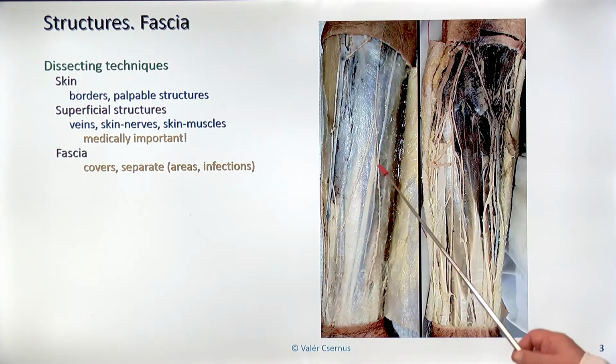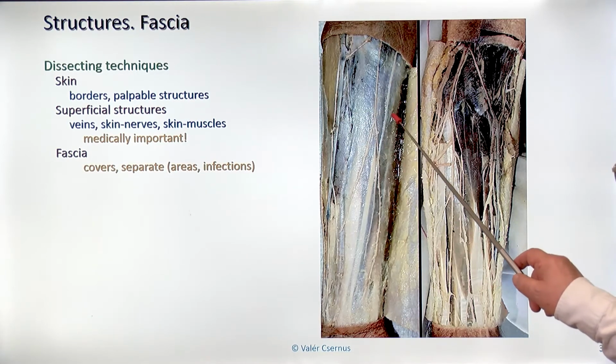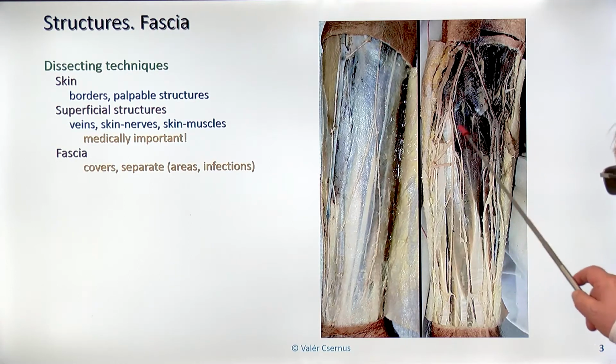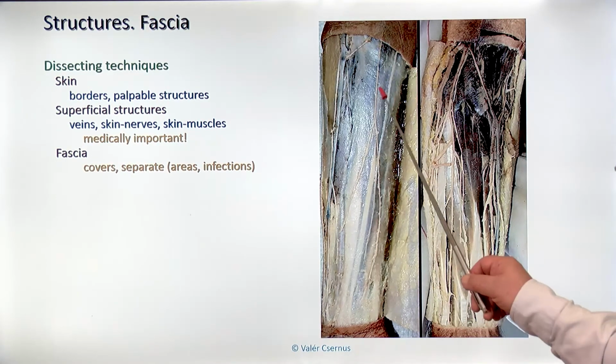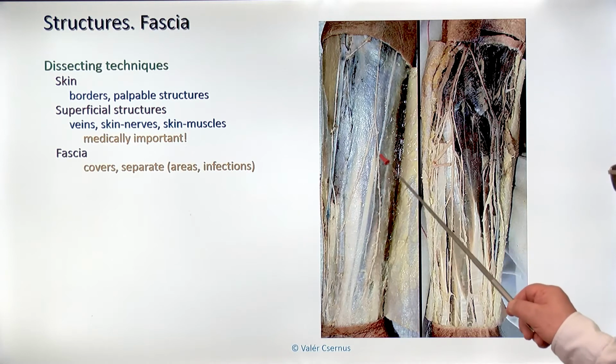The next layer is a white, glossy, very thin connective tissue, what we name fascia. Here we have the fascia. In this identical area, the fascia is shown after removal. The fascia has both anatomical and medical significance. The anatomical significance is that the various parts of the fascia make compartments, sub-areas, sub-regions in a region.